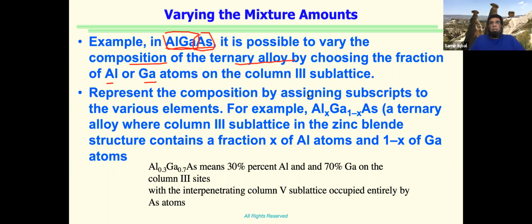And this change or this relative fraction is written as a subscript, X, and if one is written as X, think about it, we have to make 100%. You can write one of them as maybe 30, then you don't have to write the other. We can just write 1 minus 30 or 100 minus 30, it will give you the other fraction.